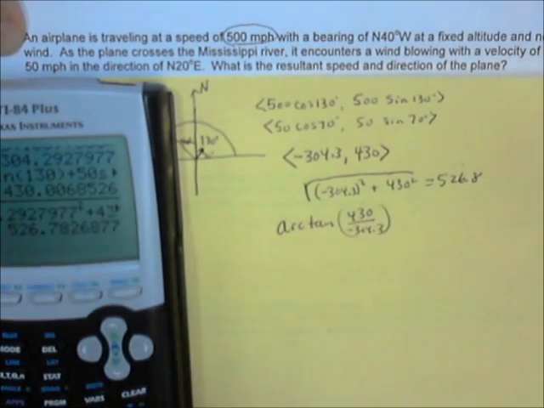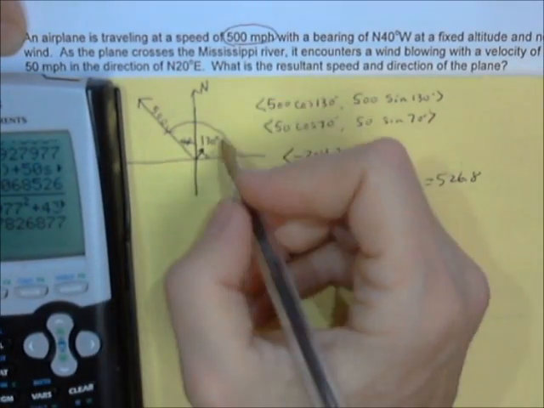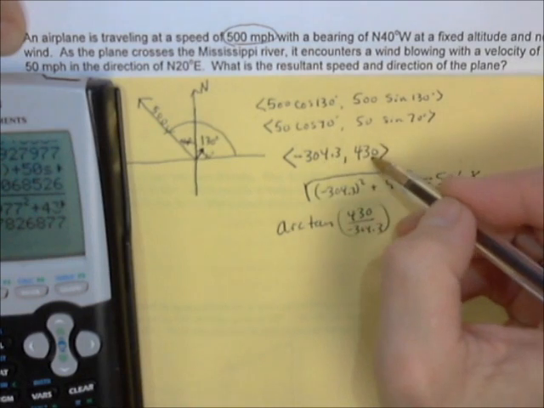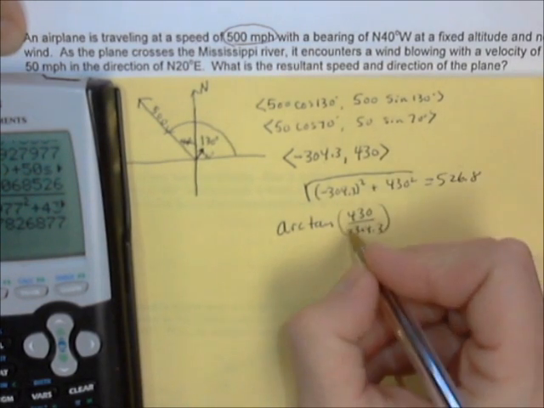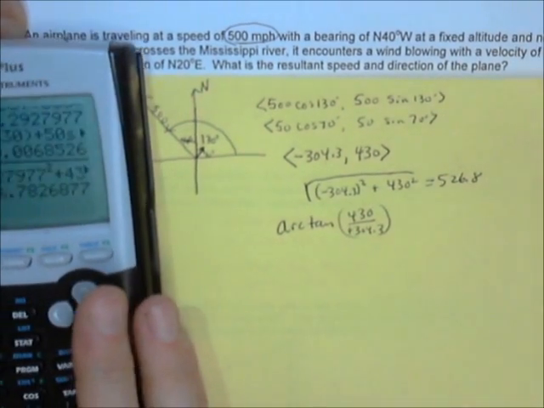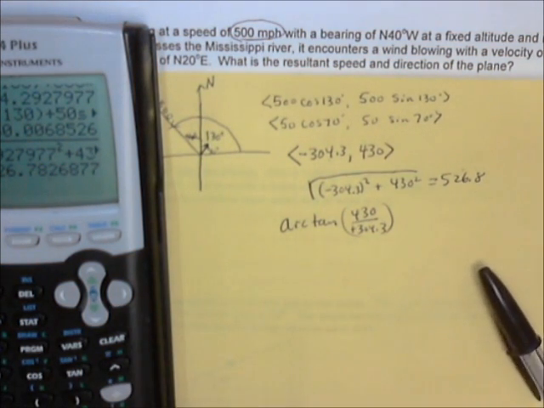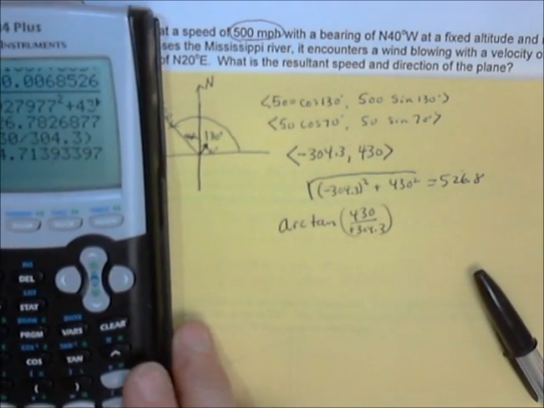That's going to give us a negative number, but we know that this plane is going to be in quadrant 2 because of the negative x value and the positive y value. So I'm actually going to put the arctan of the positive numbers in there. Second tan of 430 divided by 304.3. That's going to give me the reference angle, 54.8.